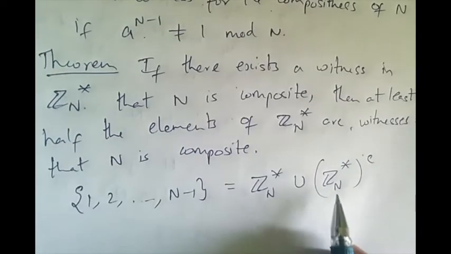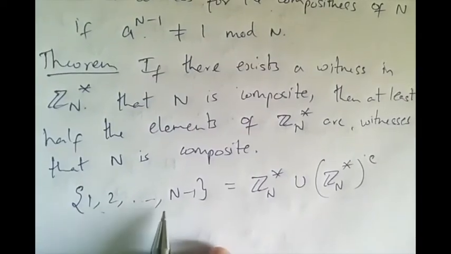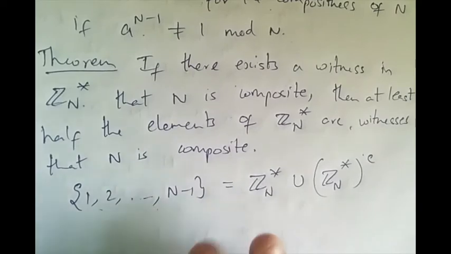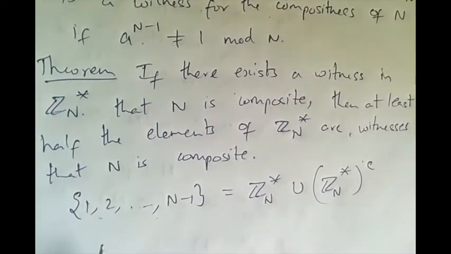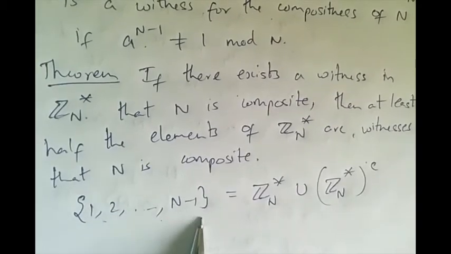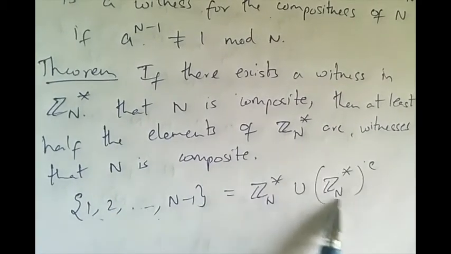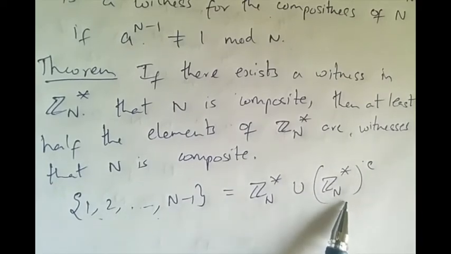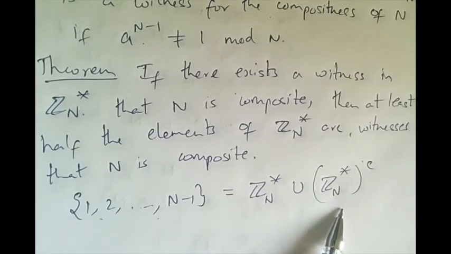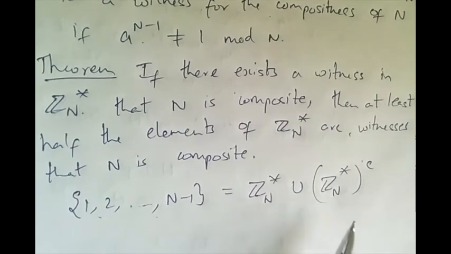Okay. Now if I choose some integer in this range, I can compute a raised to n minus 1 mod n. If I'm lucky and that integer falls in this, then a raised to n minus 1 mod n will be not equal to 1.